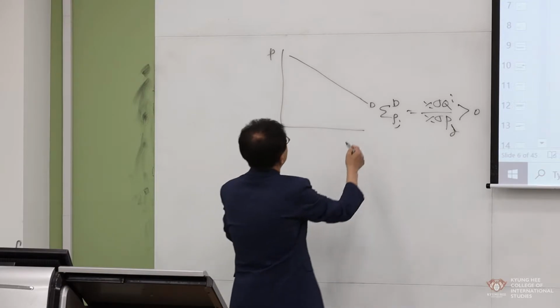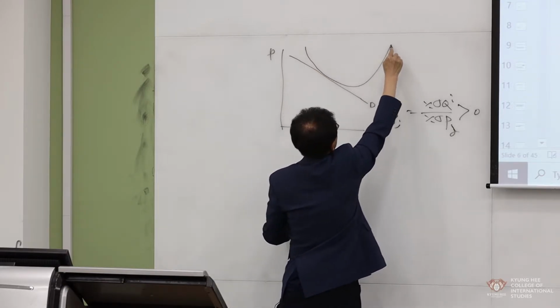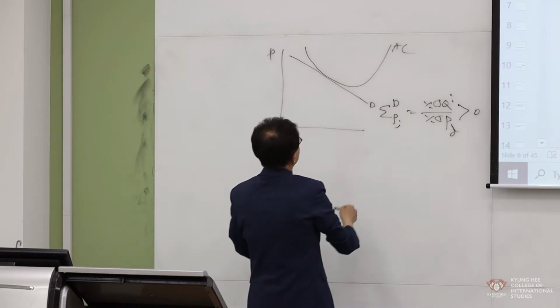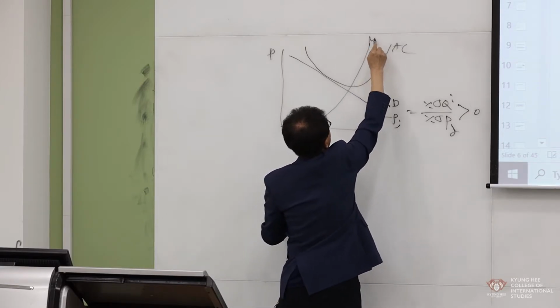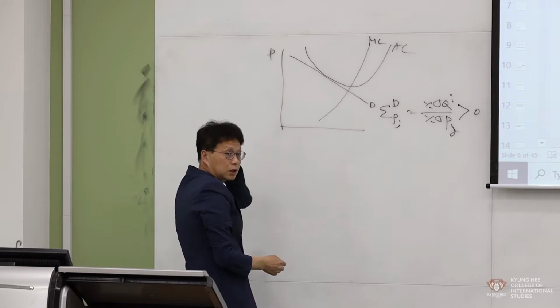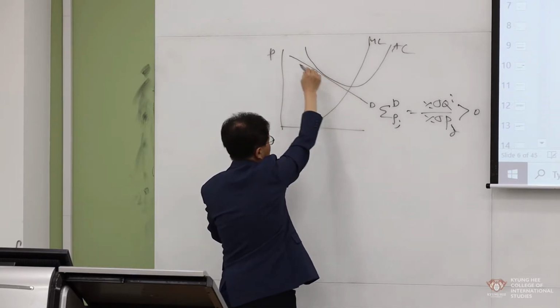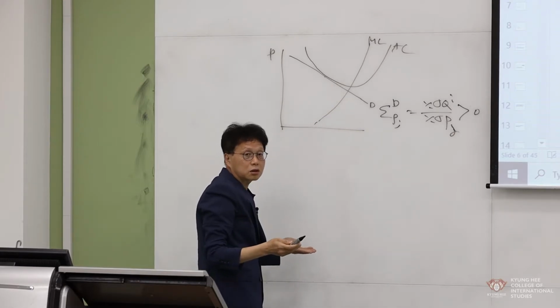The average cost curve is like this. That is the average cost curve, right? And the marginal cost curve is like this, right? And a downward sloping demand curve means a downward sloping marginal revenue curve.